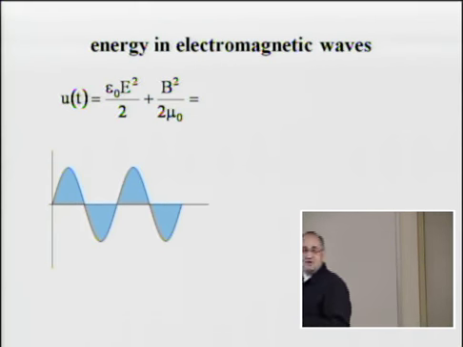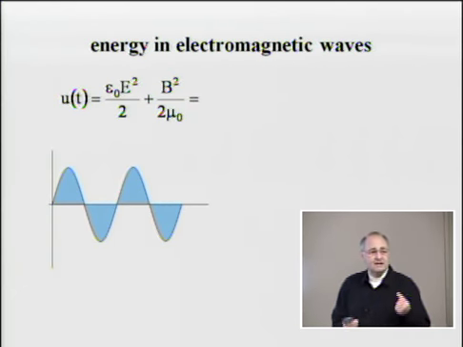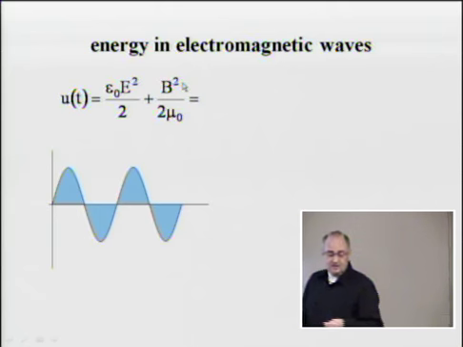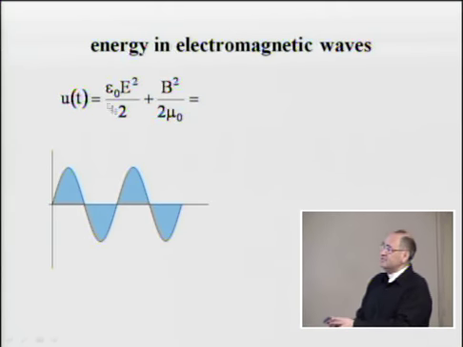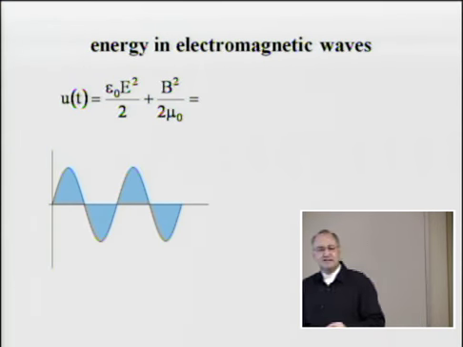I bet that you don't remember the formulas, but probably you will recall that the density of electric field was proportional to the square of the electric field vector. Density of magnetic field was proportional to the square of the magnetic field vector, with a certain proportionality coefficient: 1/2 multiplied by permittivity of free space for electric field, and 1/2 divided by permeability of free space for magnetic field.